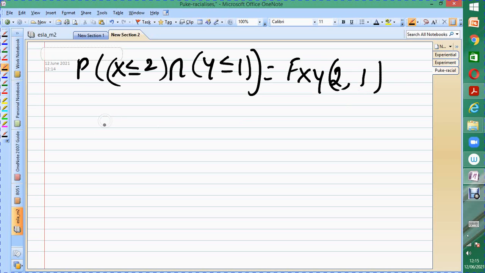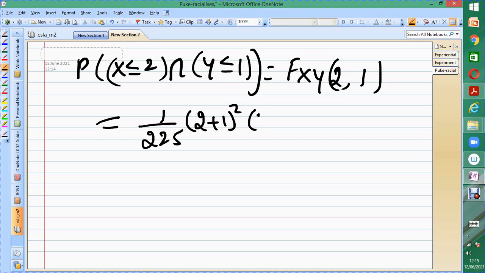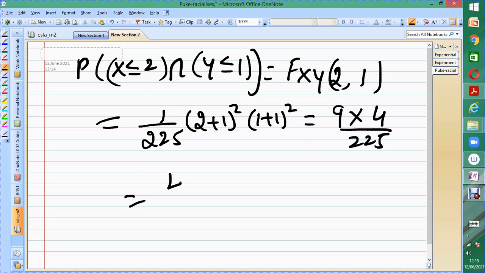We can write this as 1 by 225 into (x+1) whole square, substituting x as 2, (2+1) whole square into (y+1) whole square, which is (1+1) whole square. If you simplify this, we will get 9 into 4 by 225, which results in the probability value 4 by 25. So this is the fourth part.